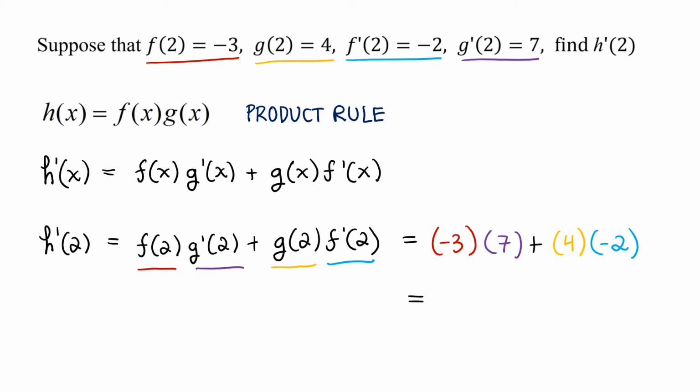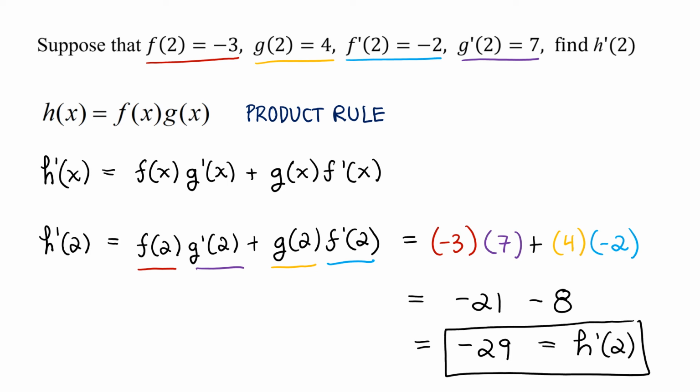So this is equal to -21 minus 8, which is coincidentally another -29. This is entirely a coincidence.